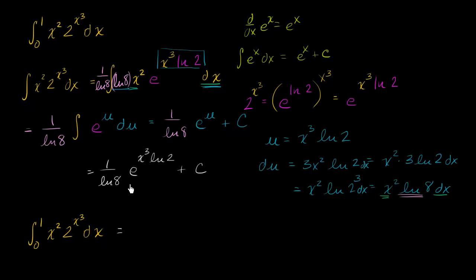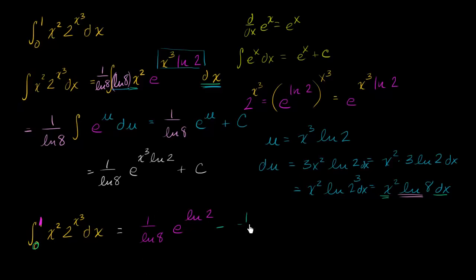Let me evaluate it first at 1. So you're going to get 1 over the natural log of 8 times e to the 1 to the third power, which is just 1, times the natural log of 2. Natural log of 2, that's it evaluated at 1. And then we're going to have minus it evaluated at 0.